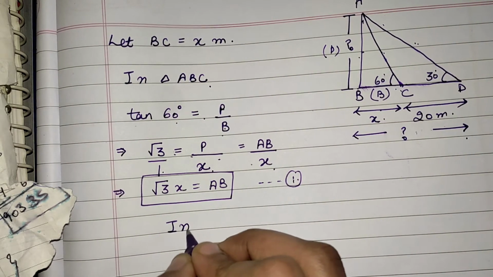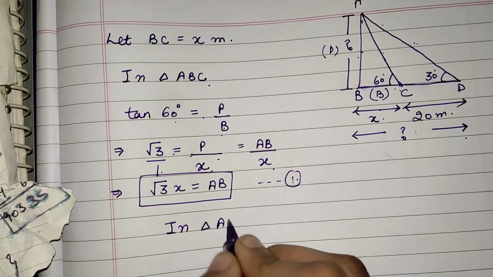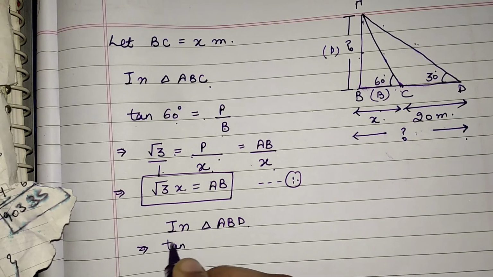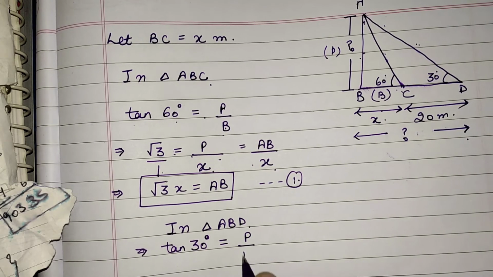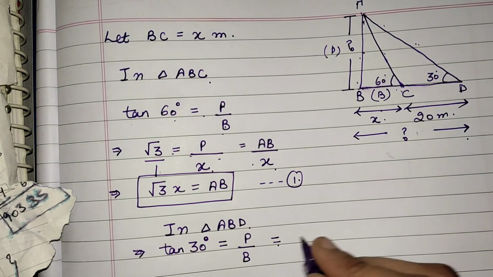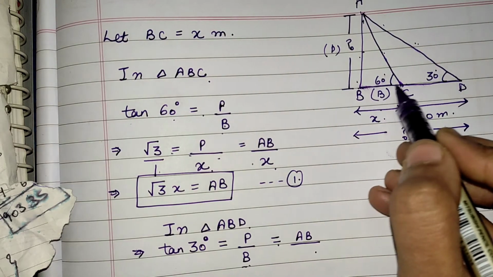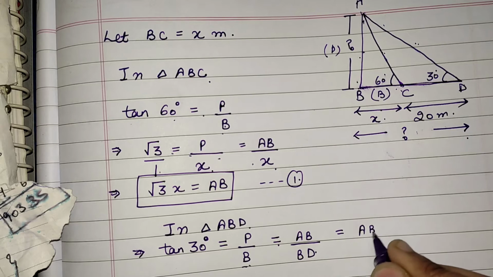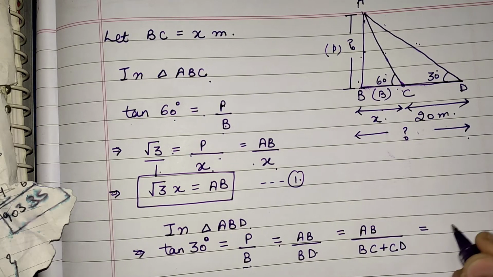Now moving to the next triangle, the bigger one, ABD. In triangle ABD, I will have tan 30 degrees equal to perpendicular by base. The perpendicular is AB only, and the base is this complete BD, which is BC plus CD.